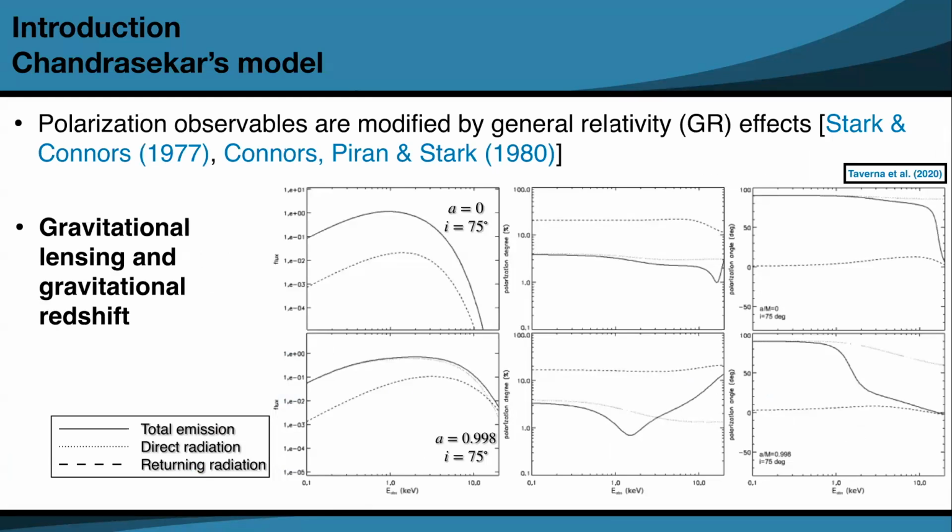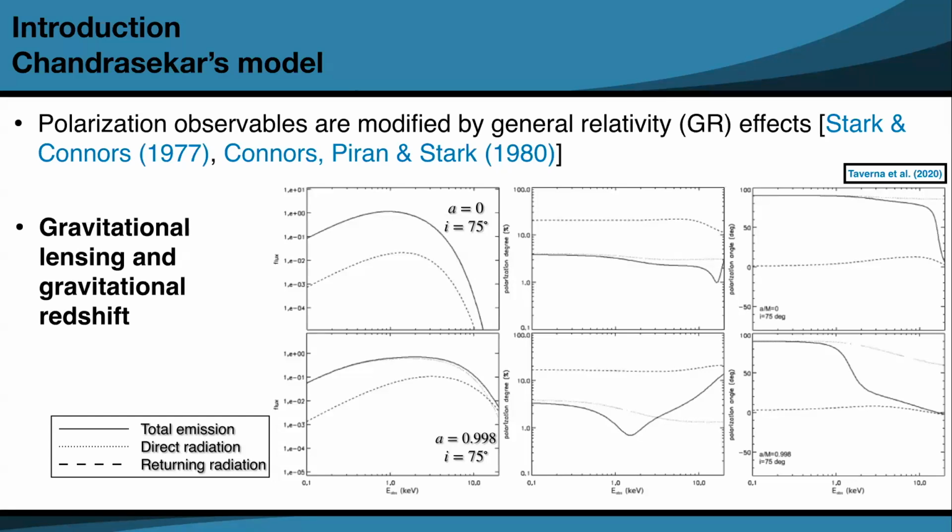As was first pointed out by Stark and Connors in the late 70s, there are important general relativity effects, such as gravitational lensing and the gravitational redshift, that influence the polarization observables as observed at infinity. Here in this plot, we have the flux on the left, the polarization degree in the middle column, and polarization angle on the right for 2 possible values of the spin of the black hole, assuming a fixed inclination.